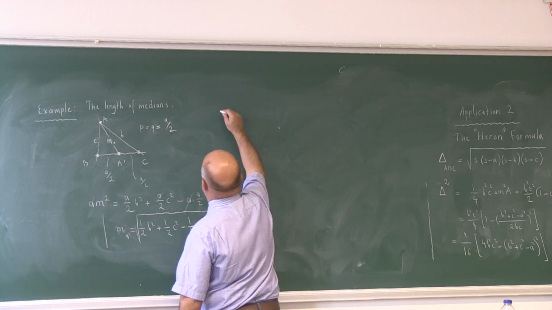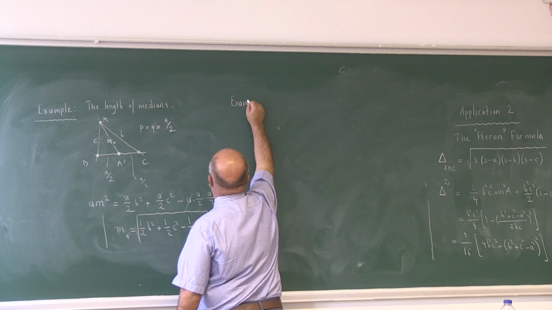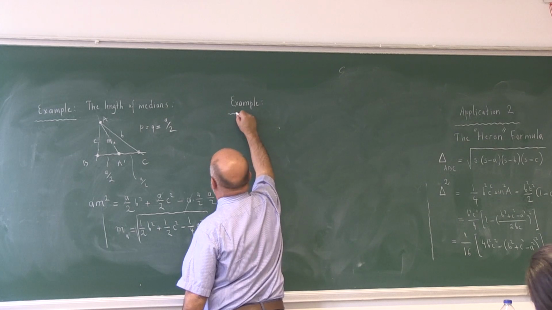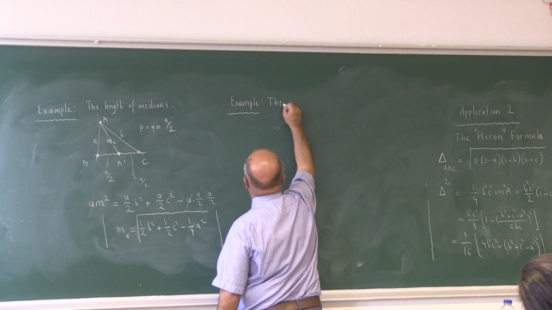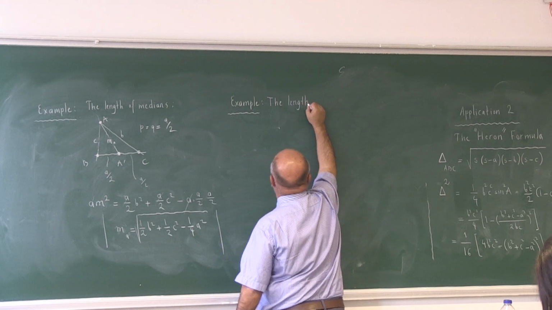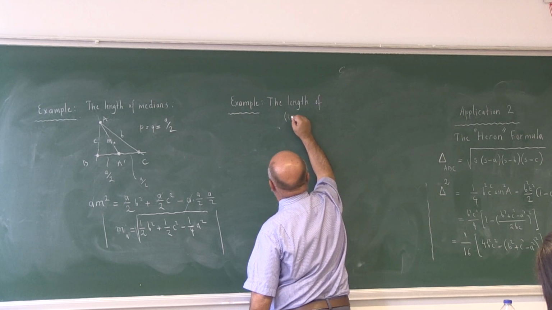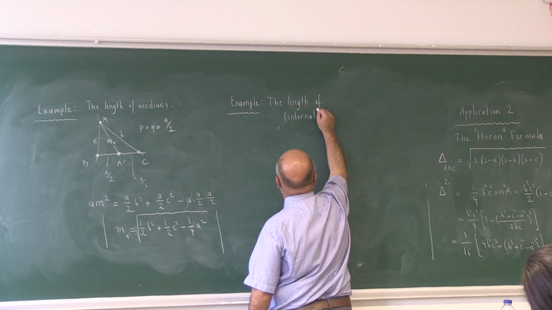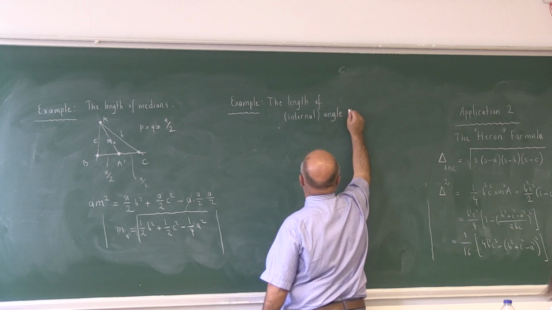Okay, so yet another example, let's say. The length of internal angle bisectors. What I mean by these. Okay.